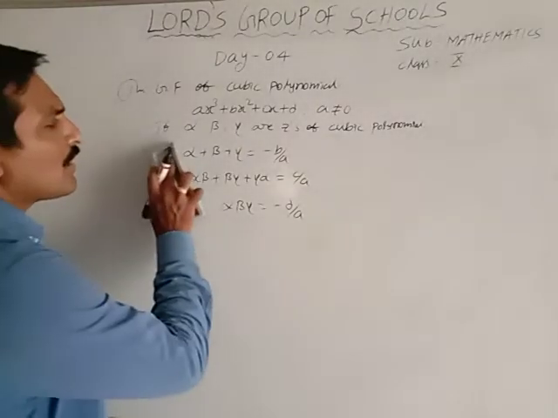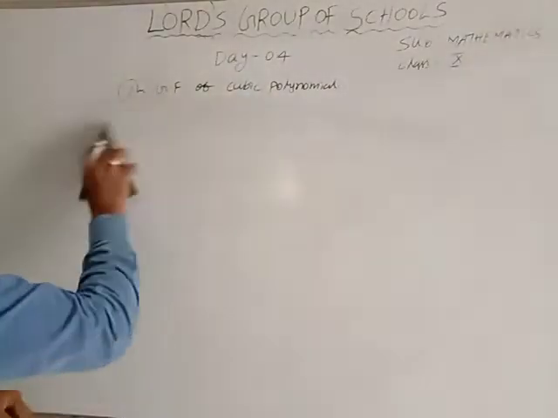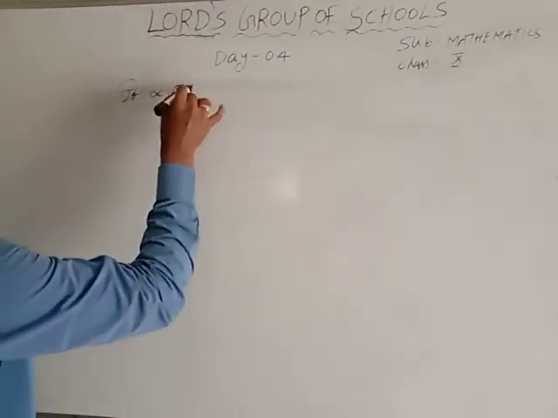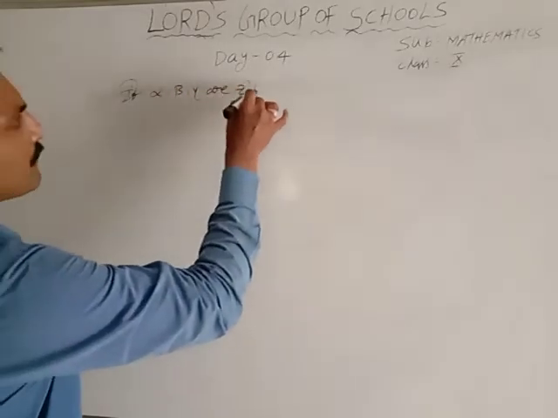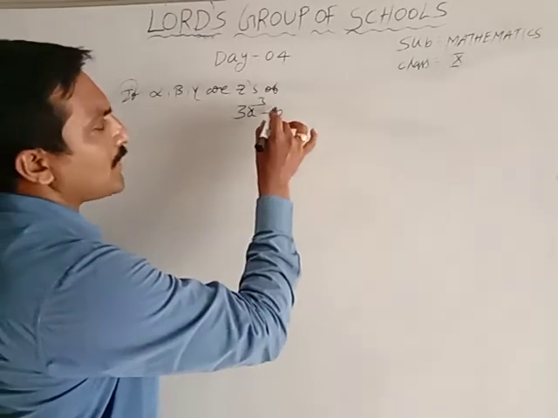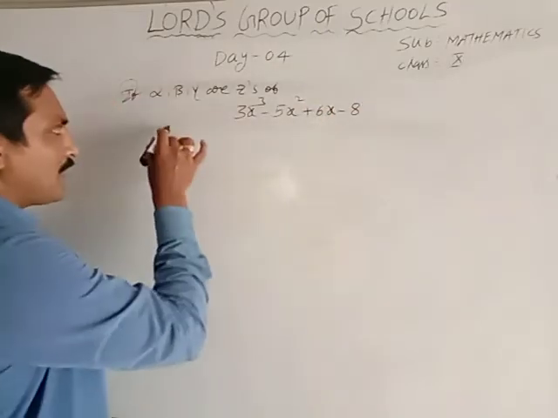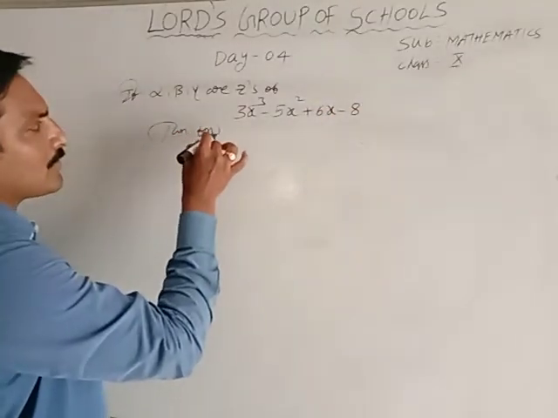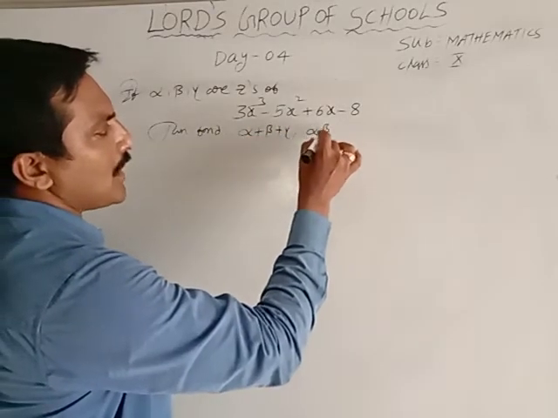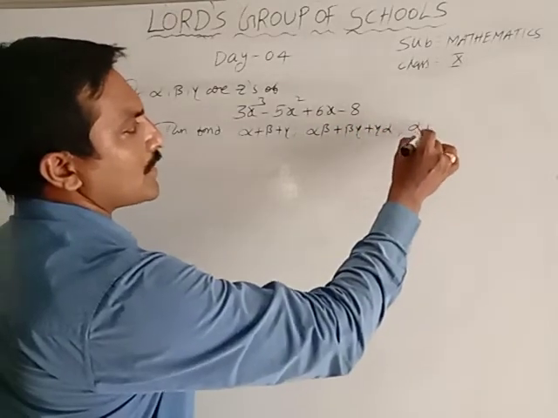For example, if alpha, beta, gamma are zeros of 3x cube minus 5x square plus 6x minus 8, then find alpha plus beta plus gamma, alpha beta plus beta gamma plus gamma alpha, and alpha beta gamma.